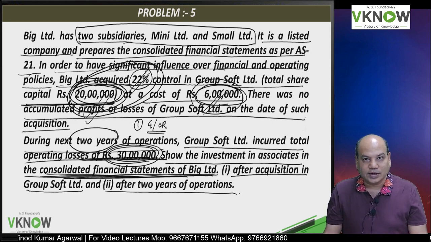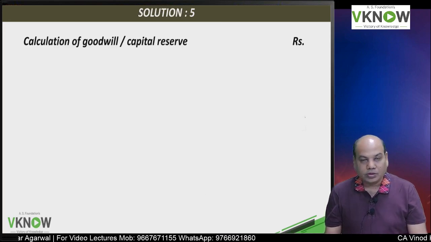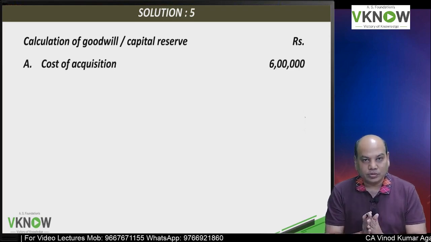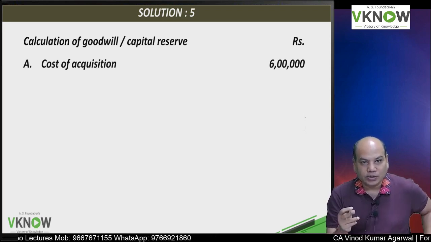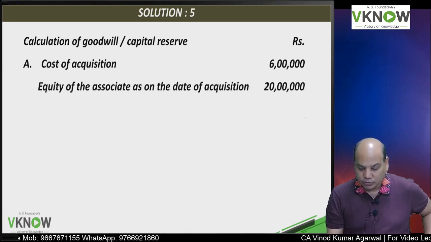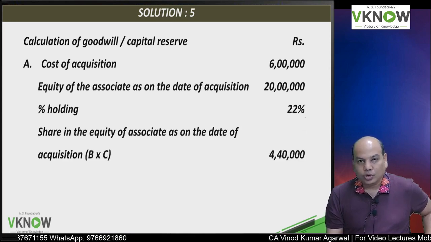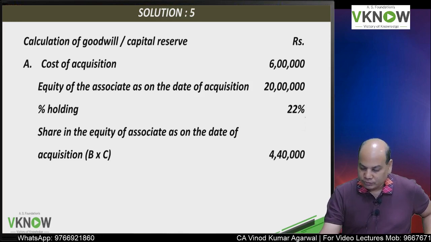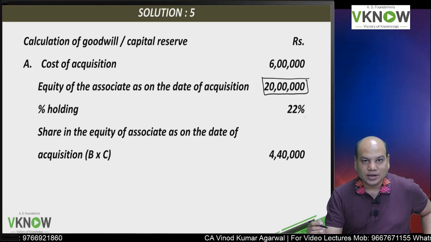So first we will see calculation of goodwill. Very easy. First step is calculation of goodwill. Answer is given to you. You just have to observe and understand. So how do I compute goodwill? I compare cost of acquisition 6 lakh with the share in the net asset of the associate on the date of acquisition. So this associate has only share capital, it doesn't have reserve.